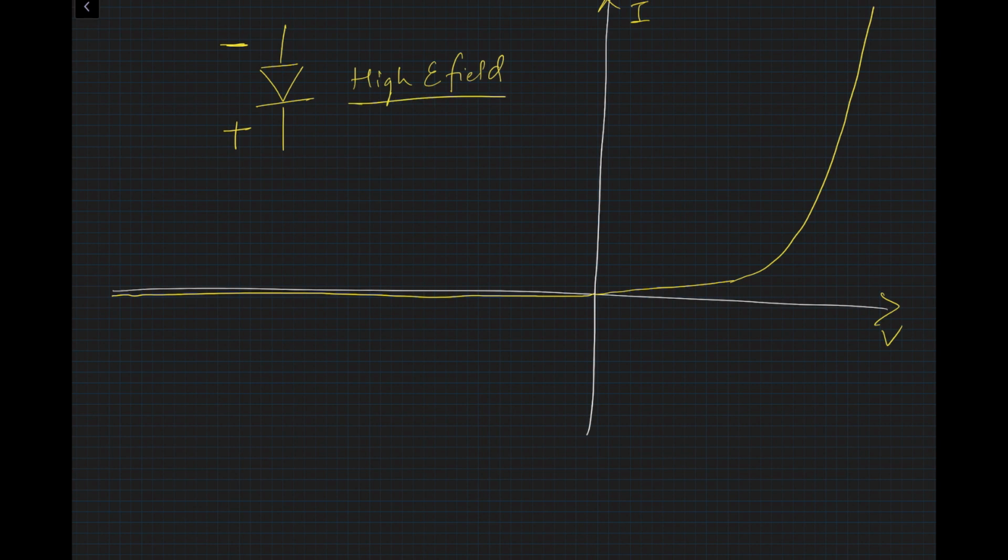If you apply really large reverse bias voltage, then you will have really large electric field. And what happens as a result of high electric field? The structure inside this semiconductor will start breaking. The bonds will start breaking due to the high electric field.